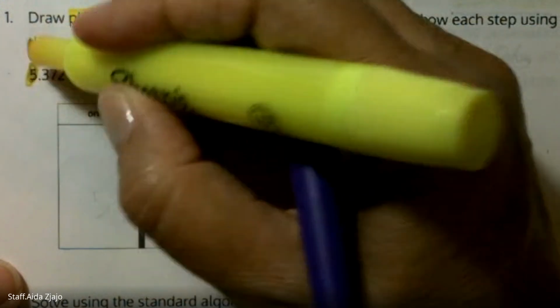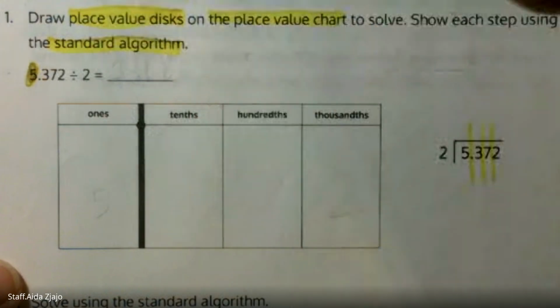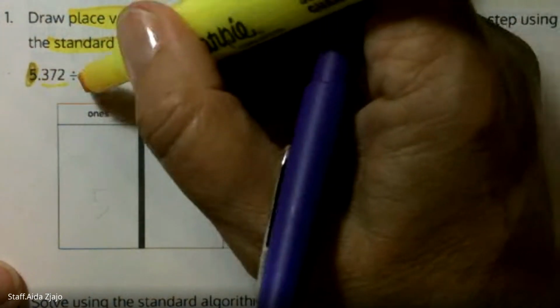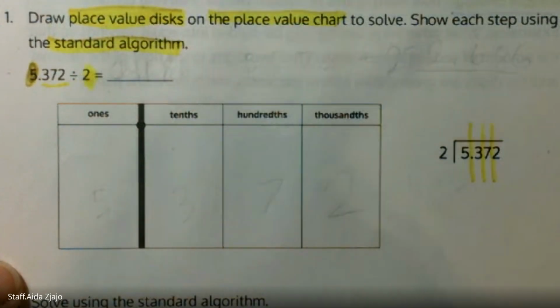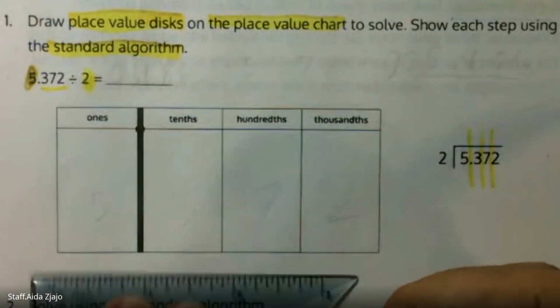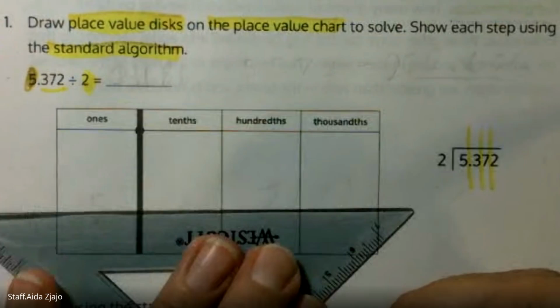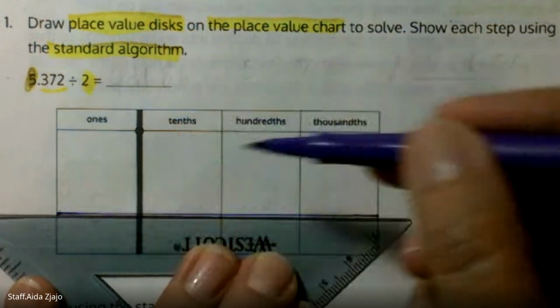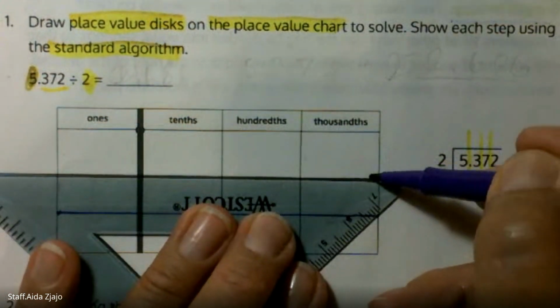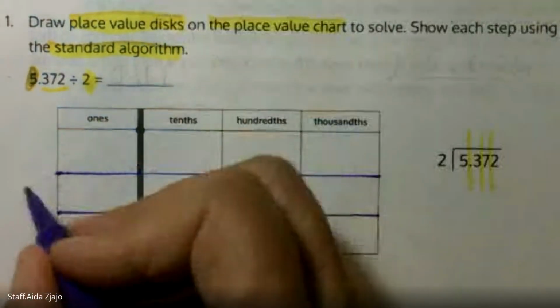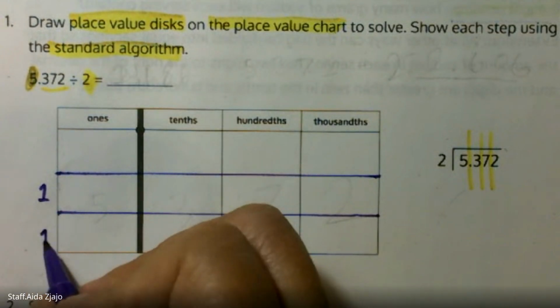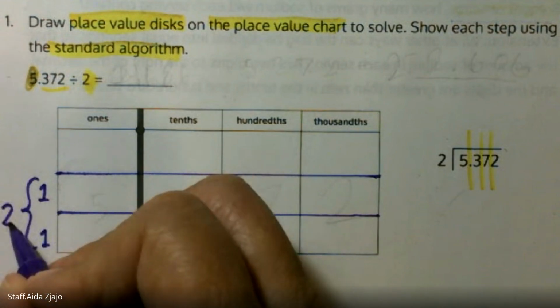So 5 wholes and 372 thousandths need to be shared into two groups. If I make two groups, this is one group and one more, so that makes two groups, right?